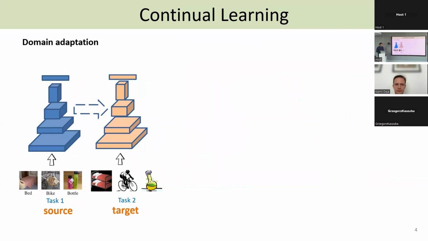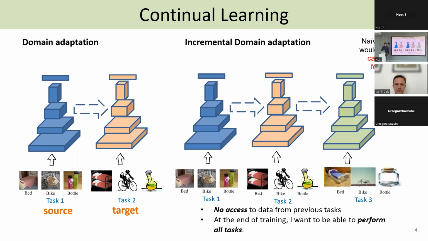Another field that we'll see a lot today is domain adaptation. In domain adaptation, the set of classes between the two domains, often called source and target domain, remains the same, for example a bed, a bike, and a bottle, but the domain changes. It could be real photographs to drawings of them. In domain adaptation, like with transfer learning, you don't care about your source domain performance after adaptation. You care about your target domain.